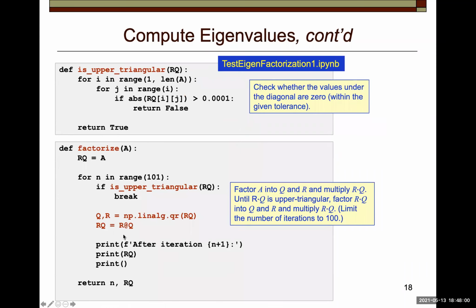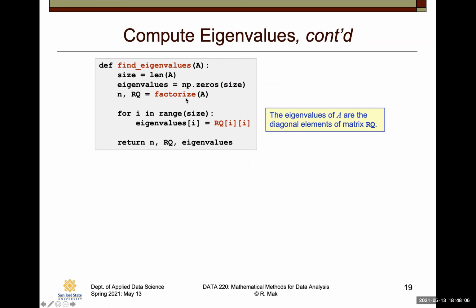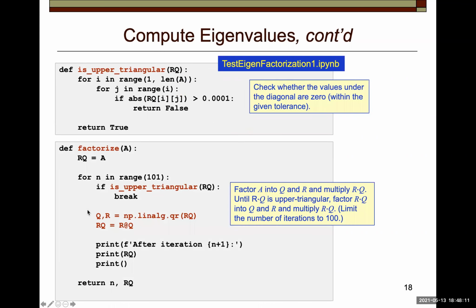It returned the size of the matrix and RQ. So I factorize it, and when we come back with RQ, we assume RQ is upper triangular.